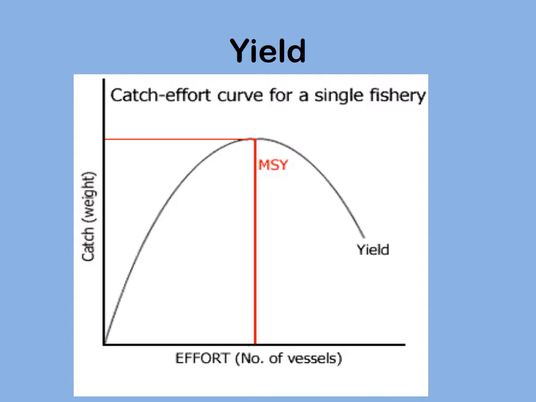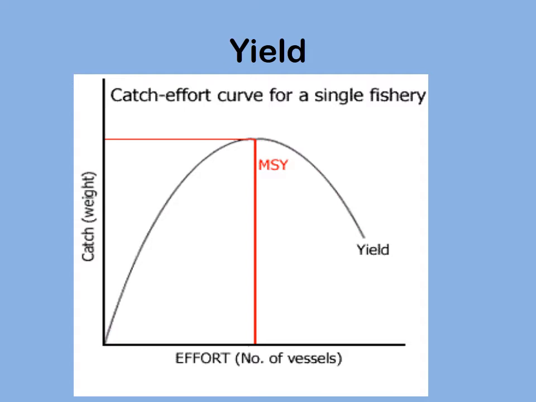what you should take from this is that with very little effort, which can be measured in number of vessels or many other ways, there's going to be very little catch. And as you continue to add effort, at some point you'll reach a catch which is the highest you can sustainably catch, if you assume that time is irrelevant and that you've reached equilibrium at any point on this graph.